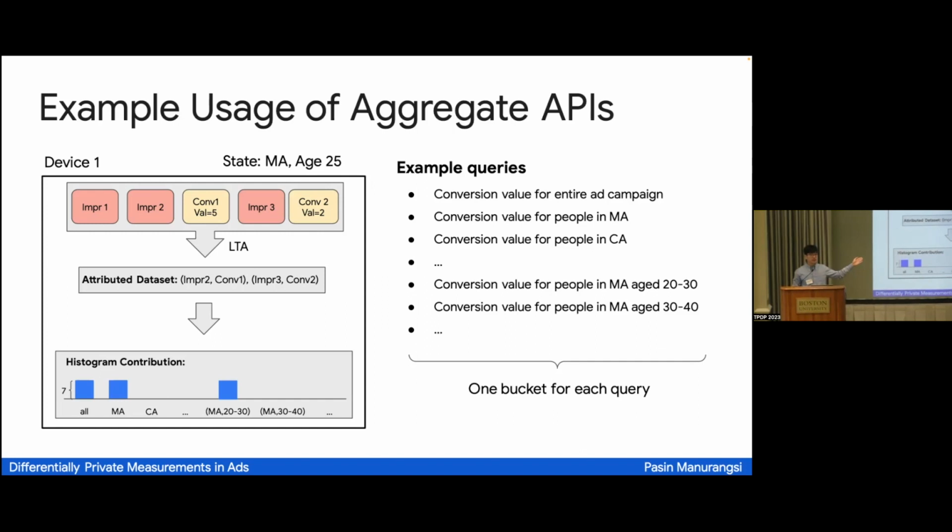And since this user is from Massachusetts and has age 25, this user would only contribute to the all bucket, the bucket for the entire campaign, the Massachusetts bucket, and then the specific age group that this user is in. Okay, so that's very simple, right? You will give this histogram contribution, it gets summed up, and then you get exactly the answer of these queries that you want. Of course, with noise.